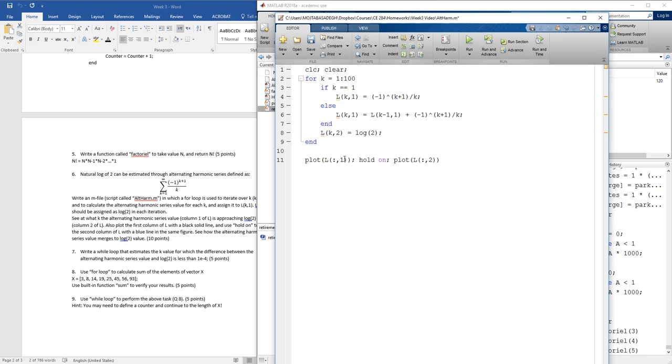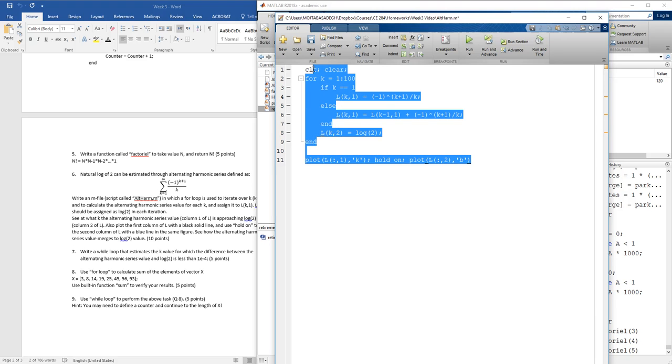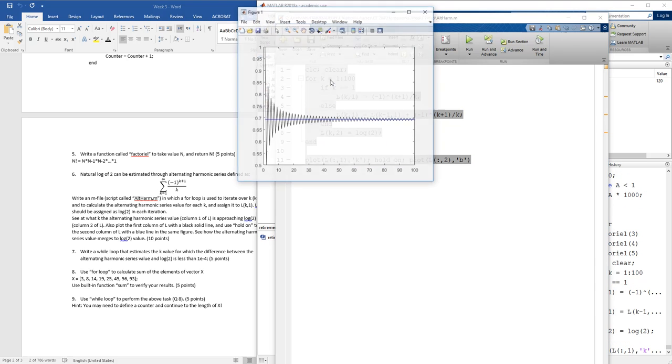The only thing is, this was asked to be a black solid line, so we put K, and this was asked to be a blue line, which is again a solid line, so this is blue now. If I plot this, let's see what happens.